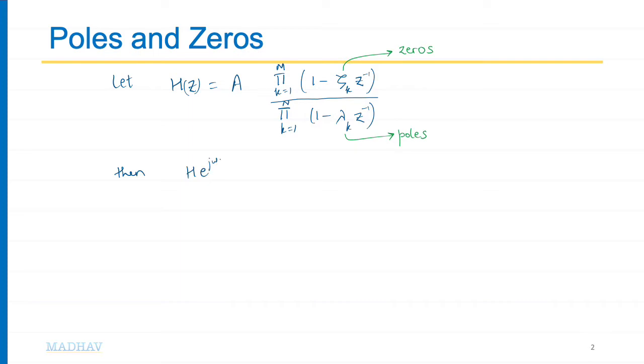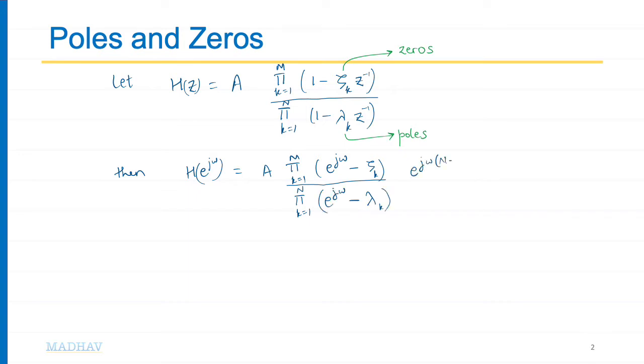Now H(e^{jω}). So what do you do to get e^{jω}? You remember that z is a general complex number and e^{jω} lies on the unit circle, and it's simple, just replace z with e^{jω} in the above equation.